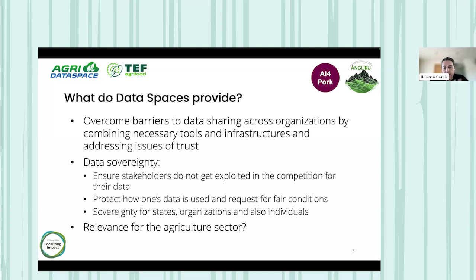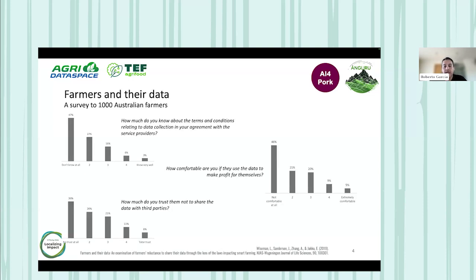So why is this relevant for the agriculture sector? Because, as many studies have shown, and this is just one, you have the reference here, conducted in Australia with 1,000 farmers. When they are asked if they know the terms and conditions related to the data collection for the products they are using, or whatever service they are getting to assist them in the field, they mostly don't know at all what the terms and conditions are.